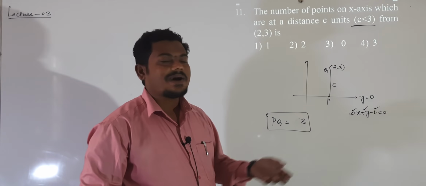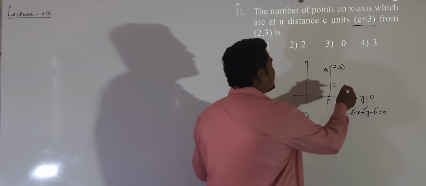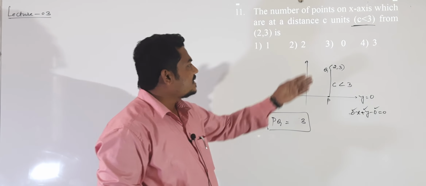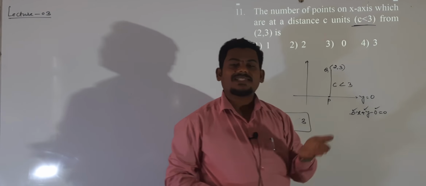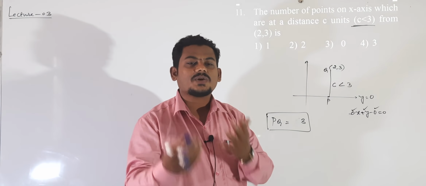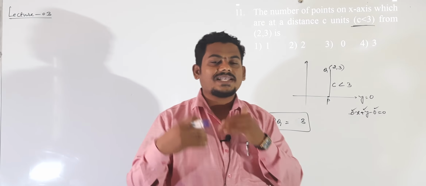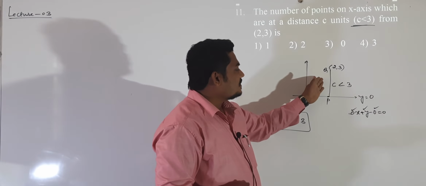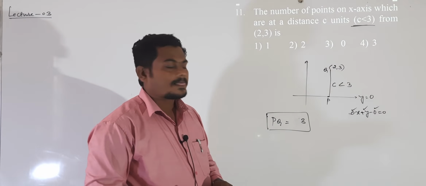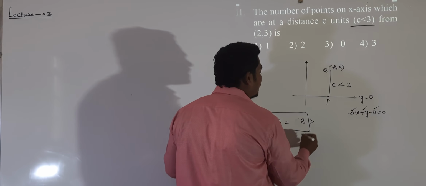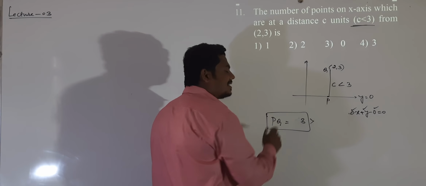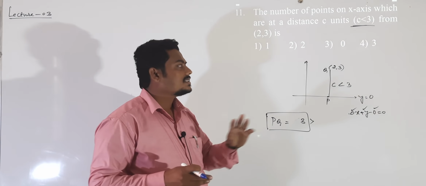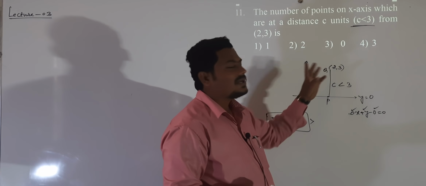But the condition they have given, c must be less than 3, means this is impossible. Here c is the PQ distance. PQ, what they have given, PQ is less than 3. But from the given data it is impossible because c is exactly 3. Means there is no point that exists such that the distance between them is less than 3.